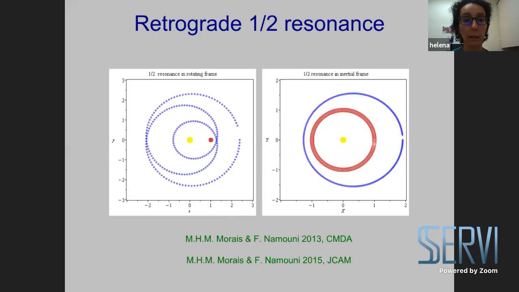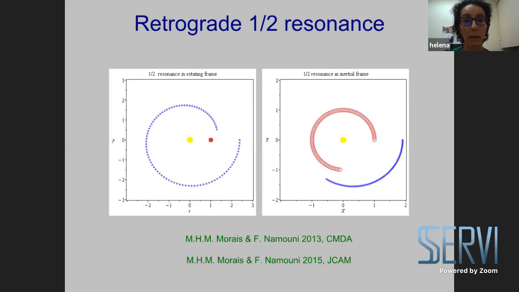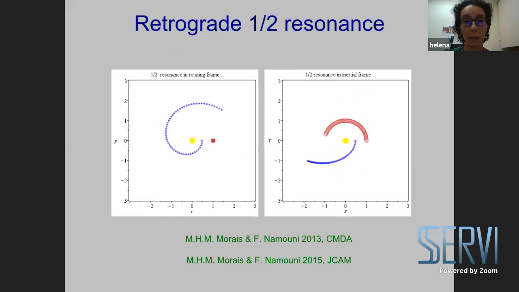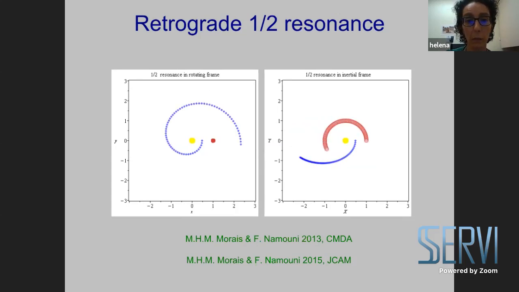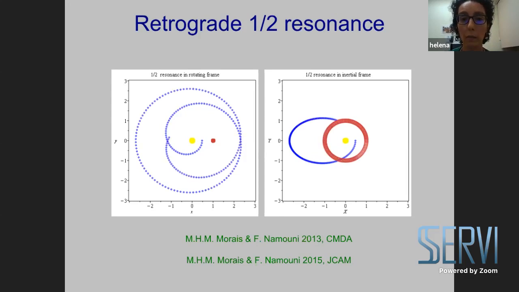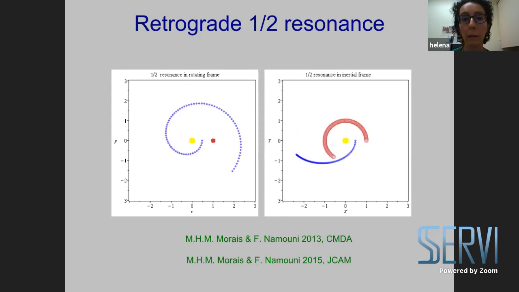Next slide. Thank you. So this is just another example of the 1-2 retrograde resonance, but now the orbits intersect, as you can see on the right panel. But of course, the objects are never in the same location at the same time due to the resonance. It's a protection mechanism. Next slide.